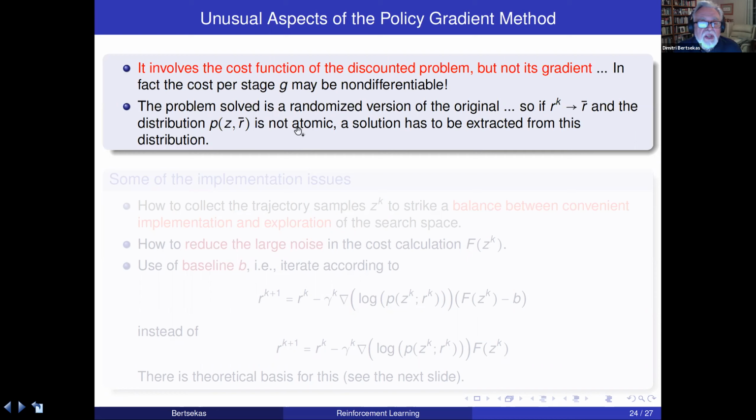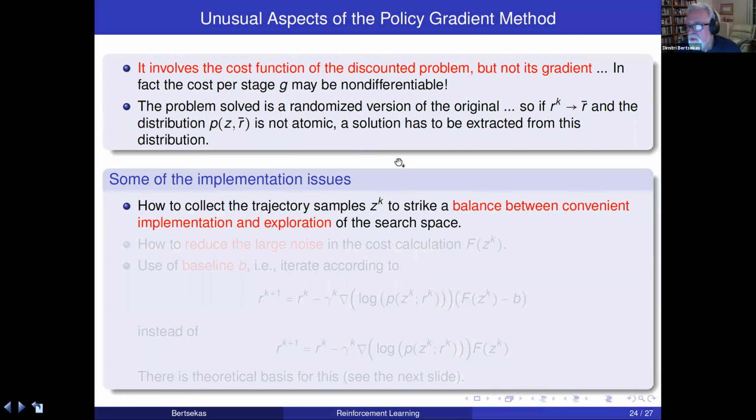You're interested in atomic distributions. So if you get a randomized policy in particular, you'll have to make it deterministic to apply it online. So that's another difficulty here.